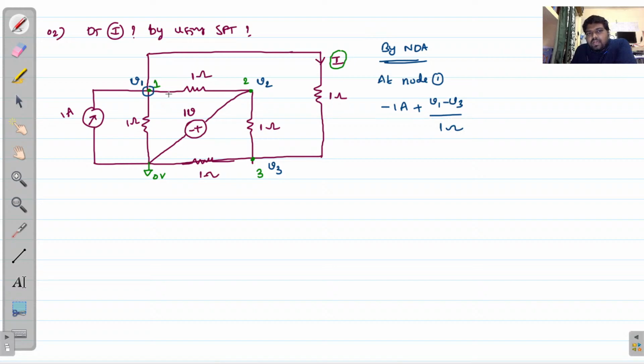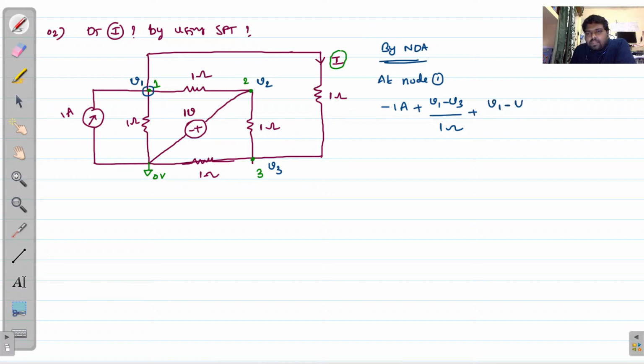And next, this 1 ohm branch is connected to this first node, so V1 minus V2 by 1 ohm. The current through this particular branch equals the potential difference between these two end nodes divided by this 1 ohm resistance.